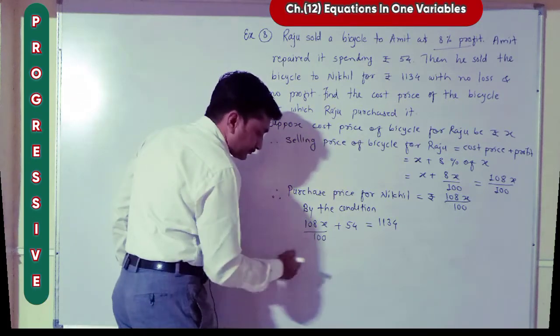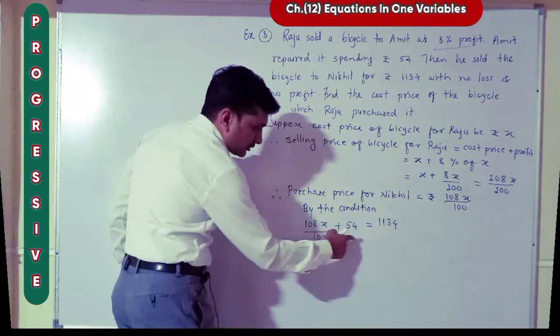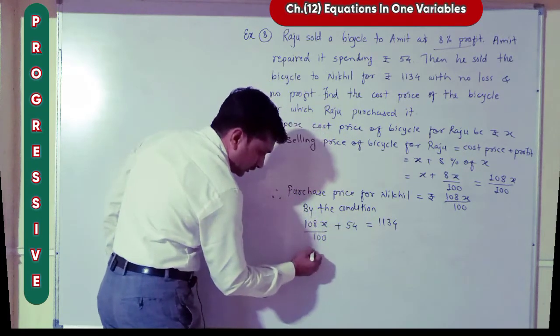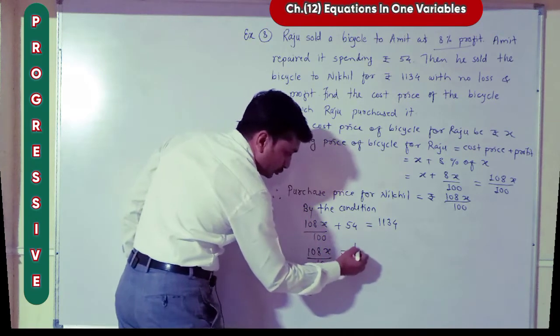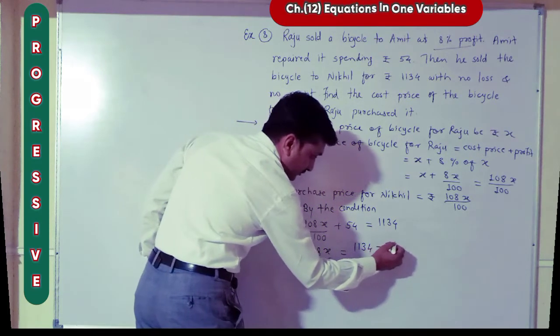Let's solve it. Now here is 100, transfer this 54 first. 108x upon 100 is equal to 1134 minus 54.